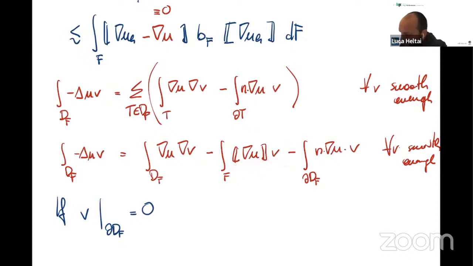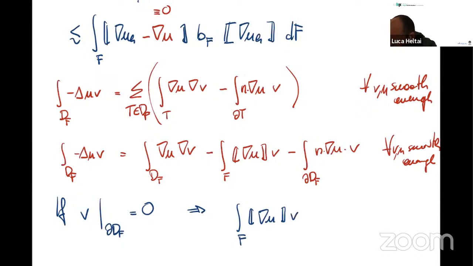Okay, so if v on the boundary of df is equal to 0, then what we get from this is simply that you can rewrite the integral over f of the jump of the gradient of u, and this is of course for any v smooth enough. Okay, so both these are for arbitrary functions for which everything here makes sense.